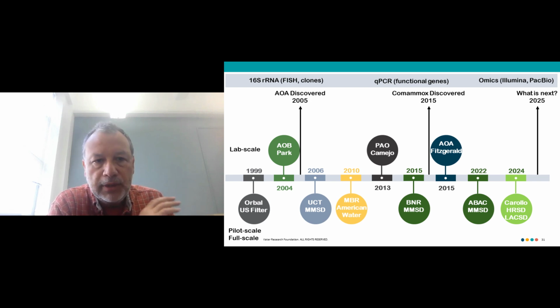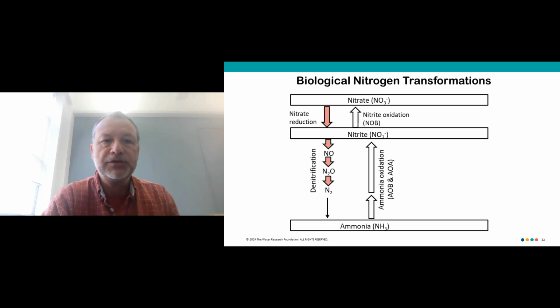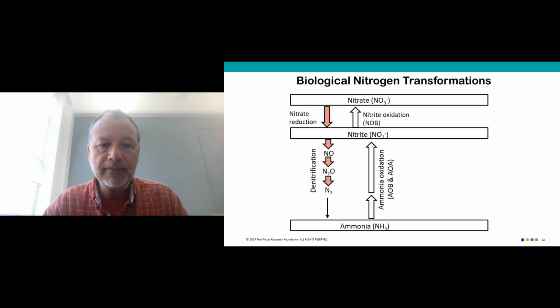To begin with, what is nitrification, or what are the microorganisms that are doing nitrification? So you have the typical ammonia oxidizing bacteria, and now ammonia oxidizing archaea doing ammonia oxidation to nitrite.